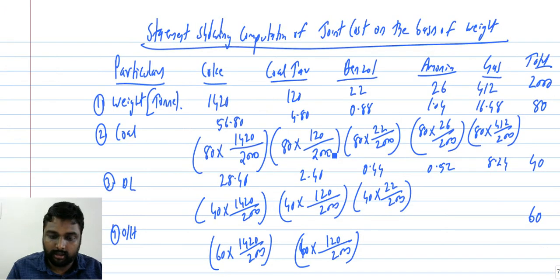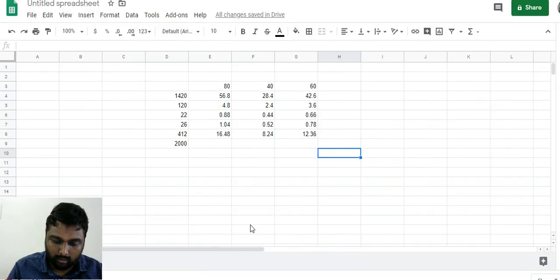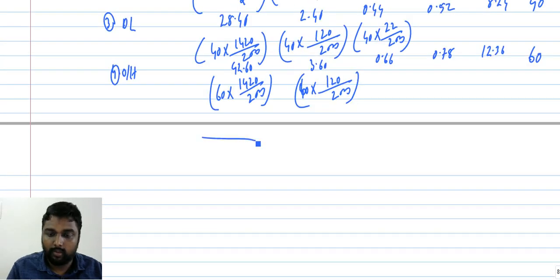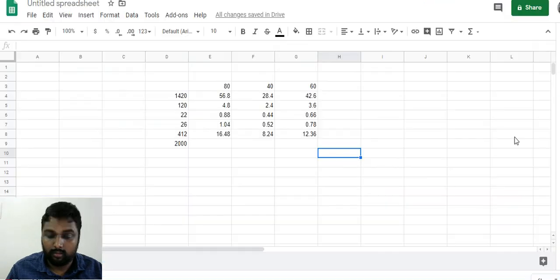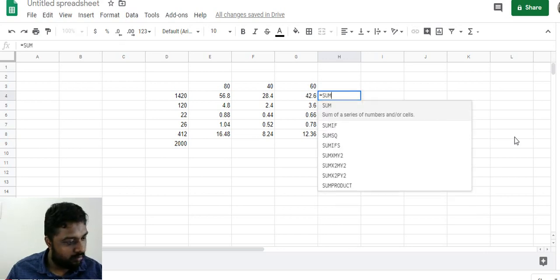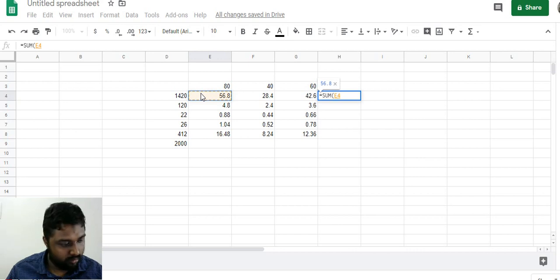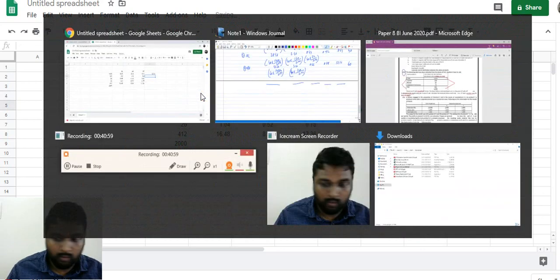So 42.6, 3.6, 0.66, 0.78, 12.36. So what is the final answer? Can anyone help me? 127.8.